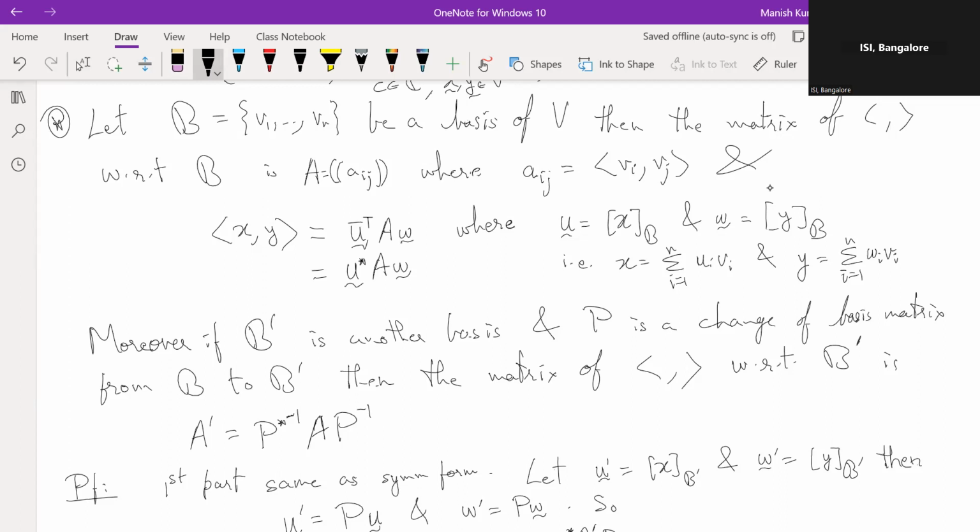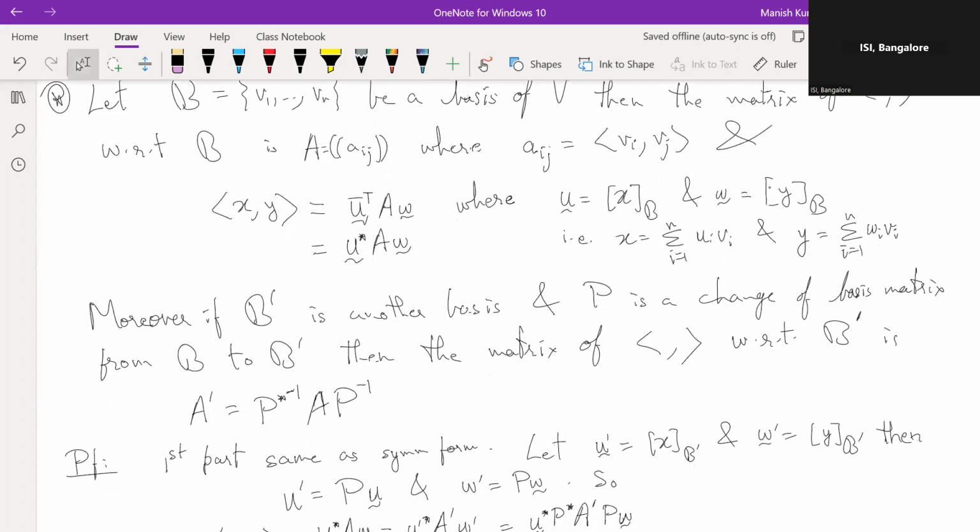Depending on the direction, if I take B prime to B, then this inverse will go away. But I've written B to B prime, so we get this inverse.